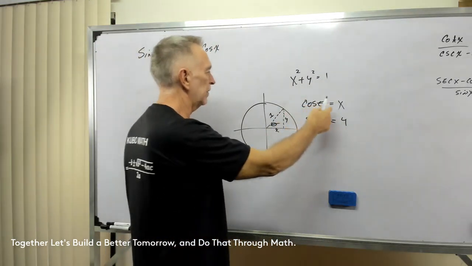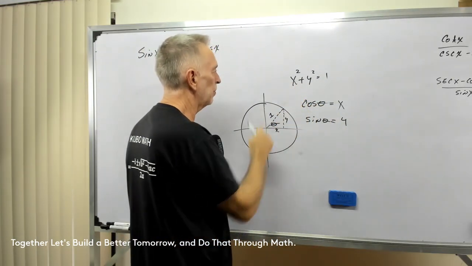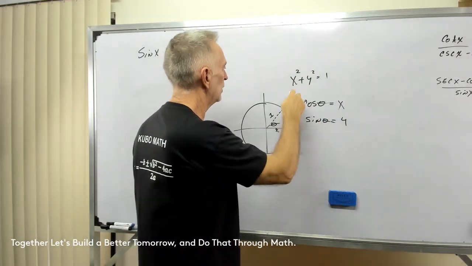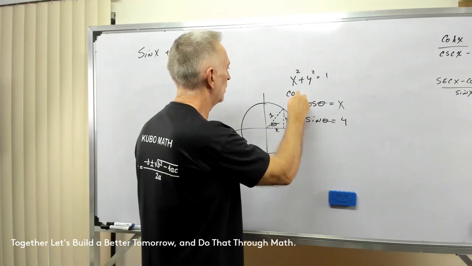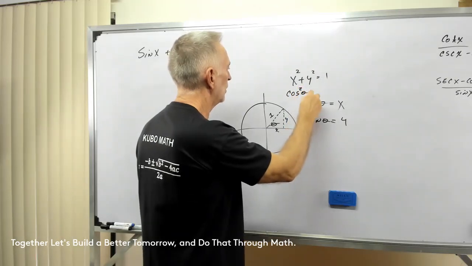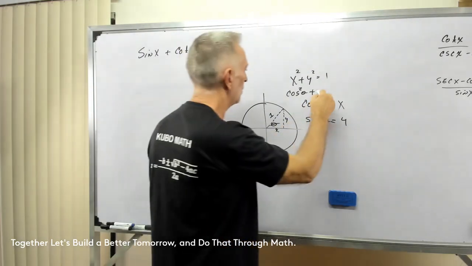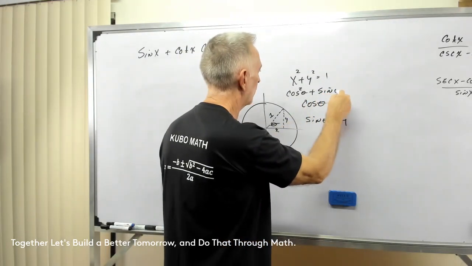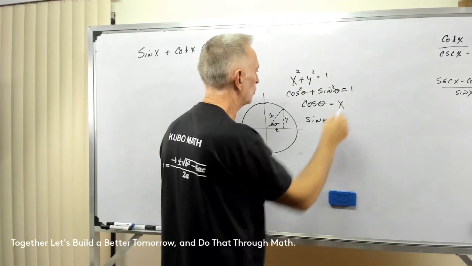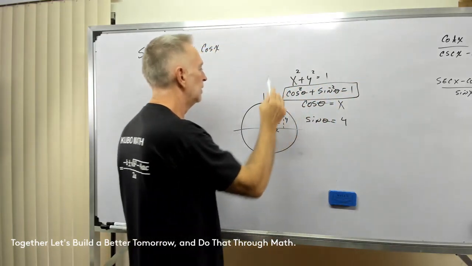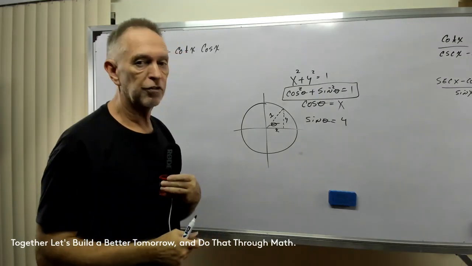So if we take that information back to this formulation, x is cosine theta, and y is sine theta. So cosine squared theta plus sine squared theta equals 1. So this is a very commonly used trig identity.